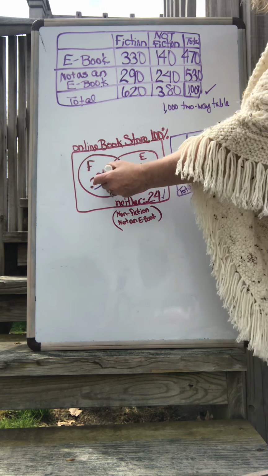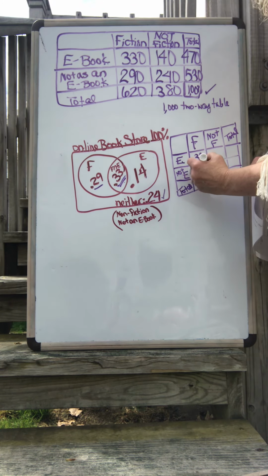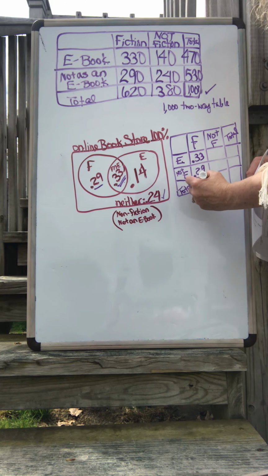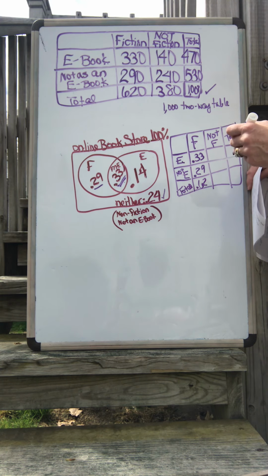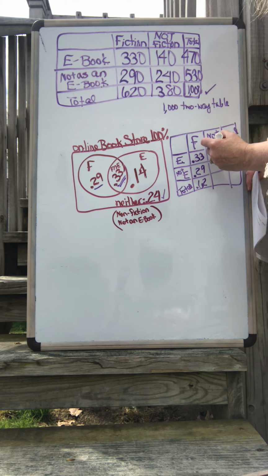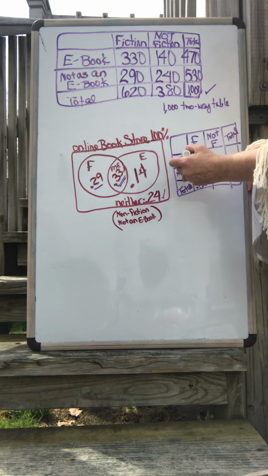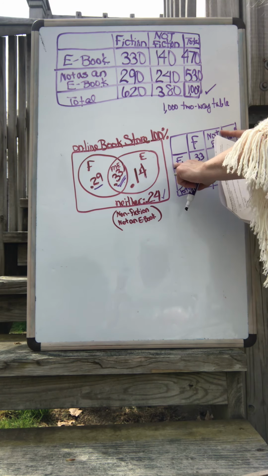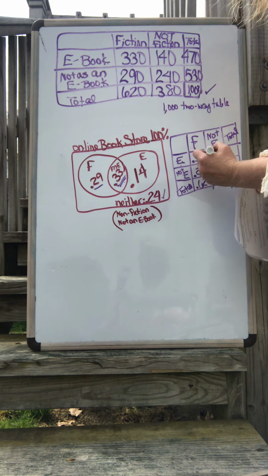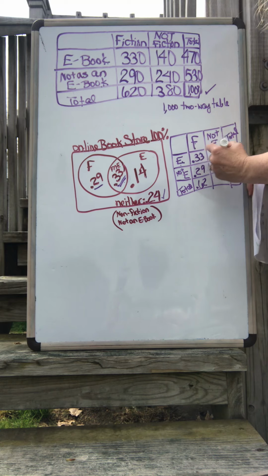Fiction, not an ebook, was 0.29. And together this made the 62% that they gave me. If I was only fiction and I was an ebook, so fiction and an ebook, it's like plotting a graph. You got to look at both and bring your fingers together. This was my 14%.